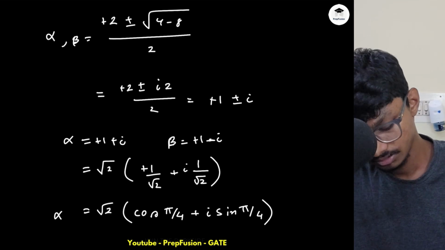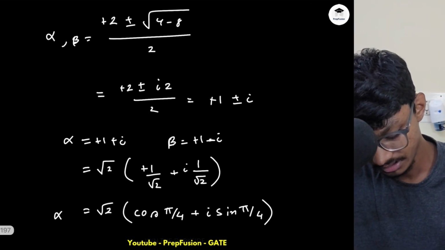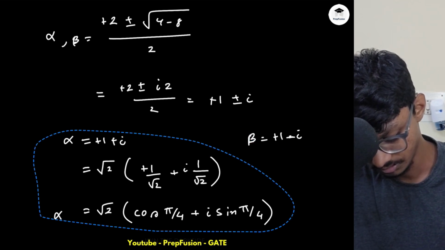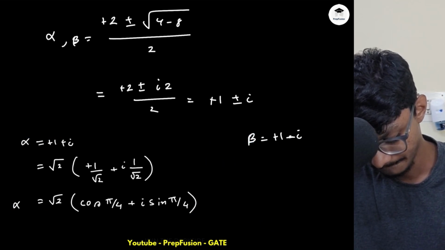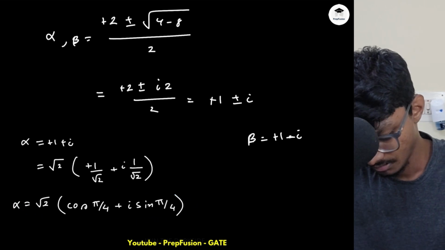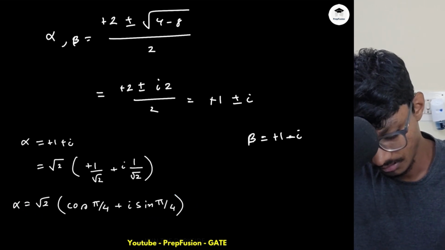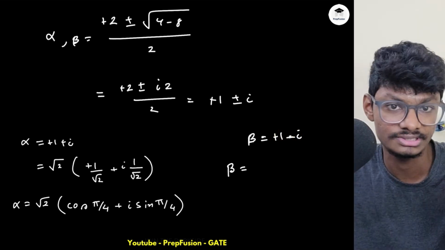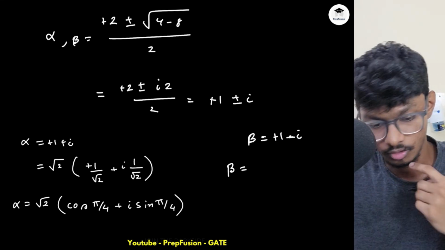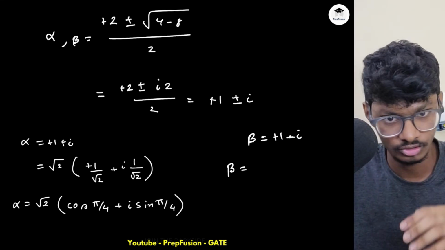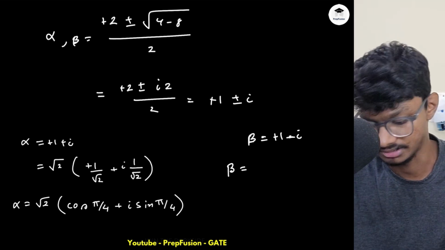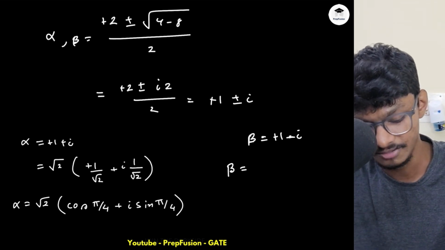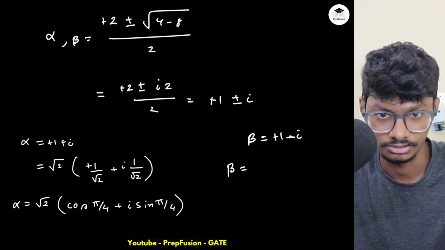And how can I write my beta? Let me take this here and reduce the size. So beta, now this is plus, but this is minus. So this is something like cos of minus theta. If I do cos of minus theta, it will be cos theta, but sin of minus theta will be minus sin theta. Or you can compute the argument. It is in the fourth quadrant, so it will be minus theta.